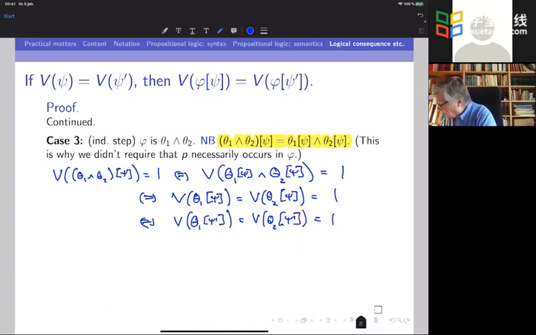So that's again the induction hypothesis. And then we just go on with the truth definition. That's the same as the conjunction being true.